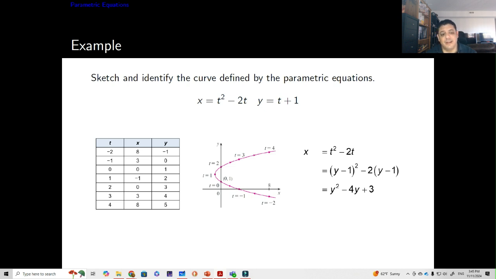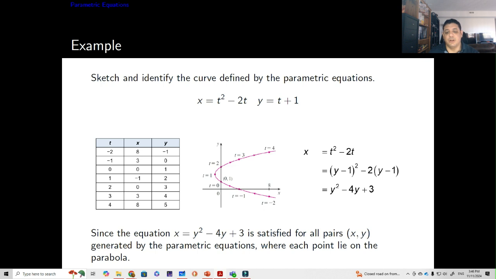And so now I get that x is just (y minus 1) squared minus 2 times (y minus 1). And then I can break this apart, and this is going to give me x equals y squared minus 4y plus 3. So in that way, I get rid of the parameter and find an expression that I can also use in a different way for making classical calculations like derivatives and some other things.